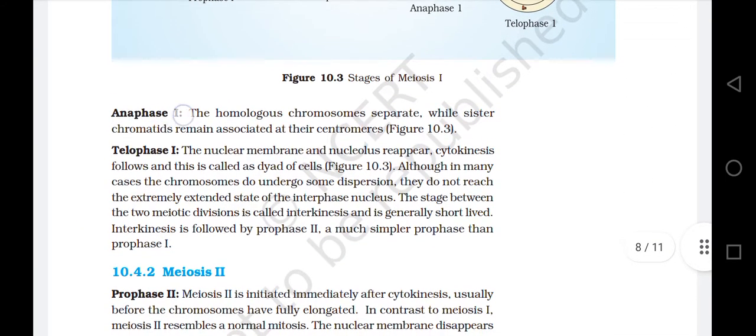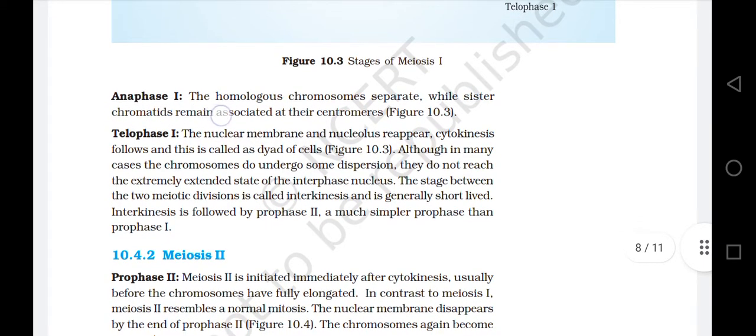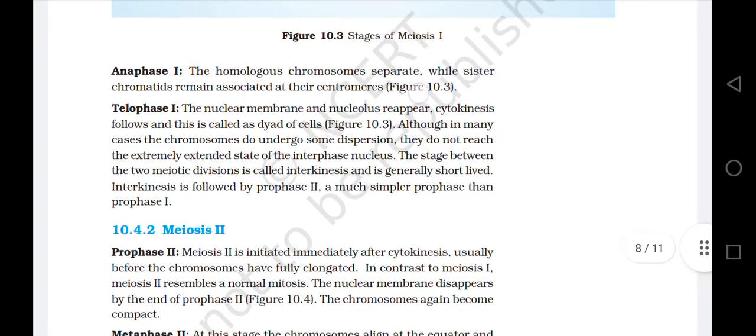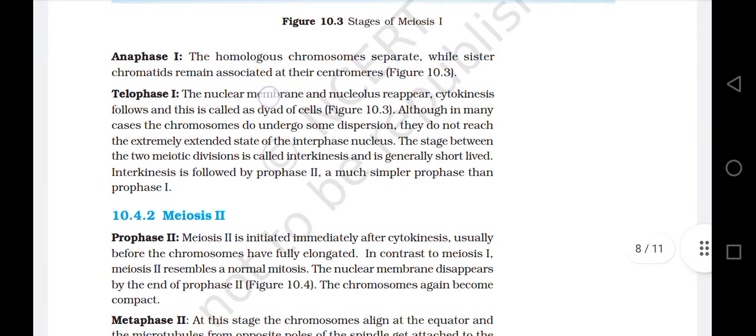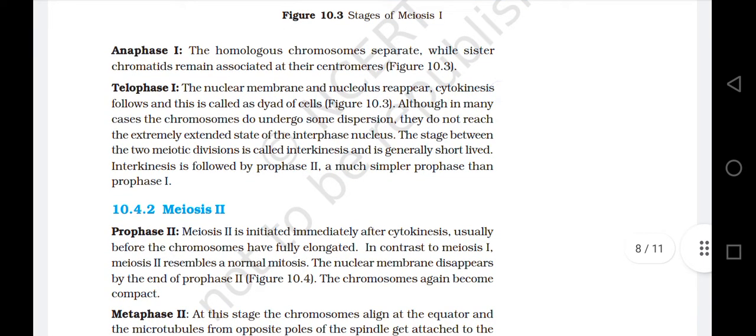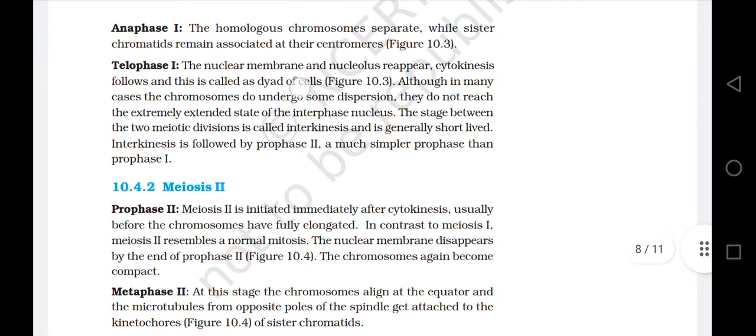Anaphase 1. The homologous chromosomes separate while sister chromatids remain associated at their centromeres, figure 10.3. Telophase 1. The nuclear membrane and nucleolus reappear. Cytokinesis follows and this is called as dyad of cells.